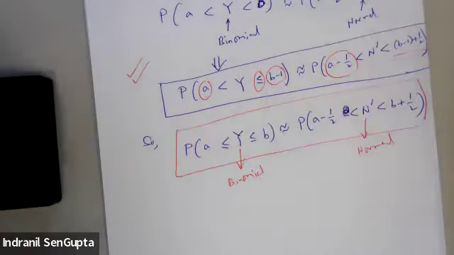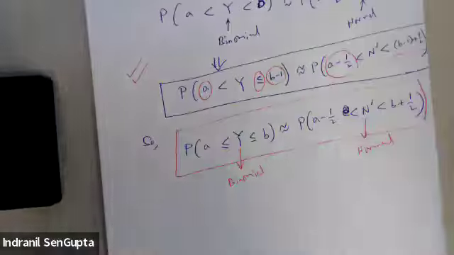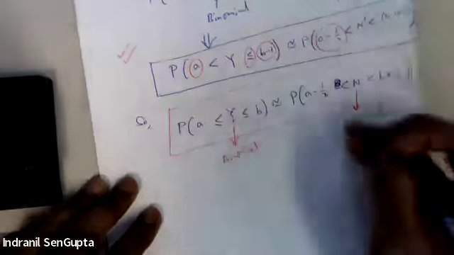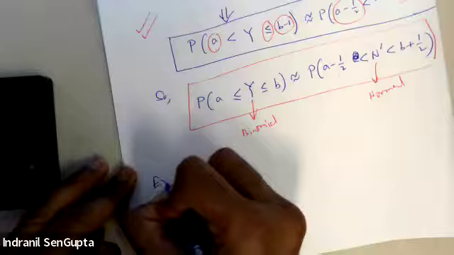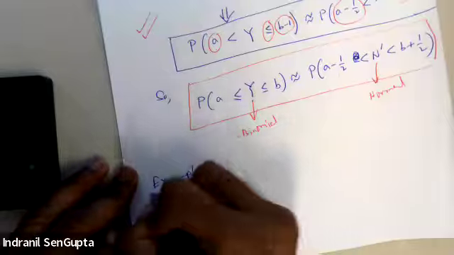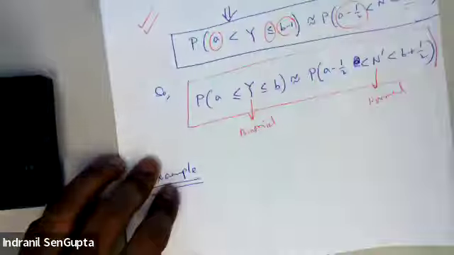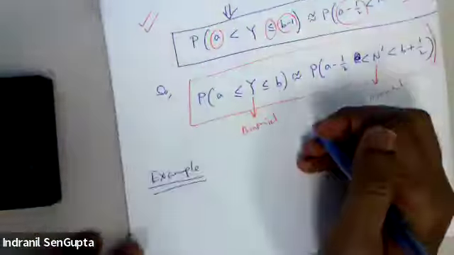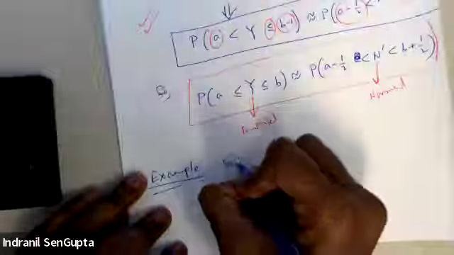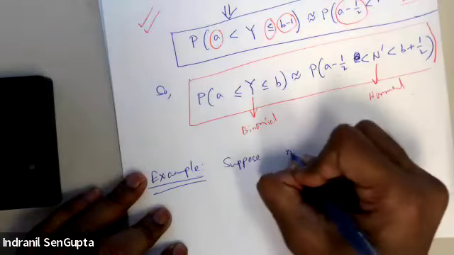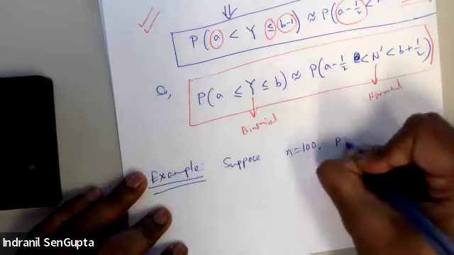All right, so let's study one example on this one. So here is an example. Suppose n equals 100 and p equals 1/2.